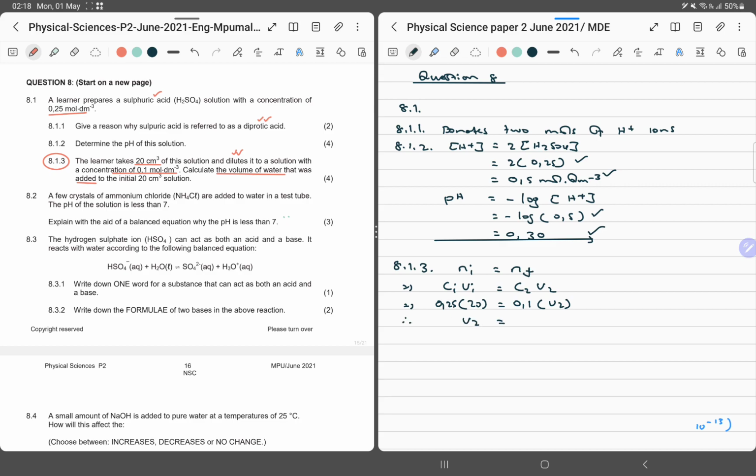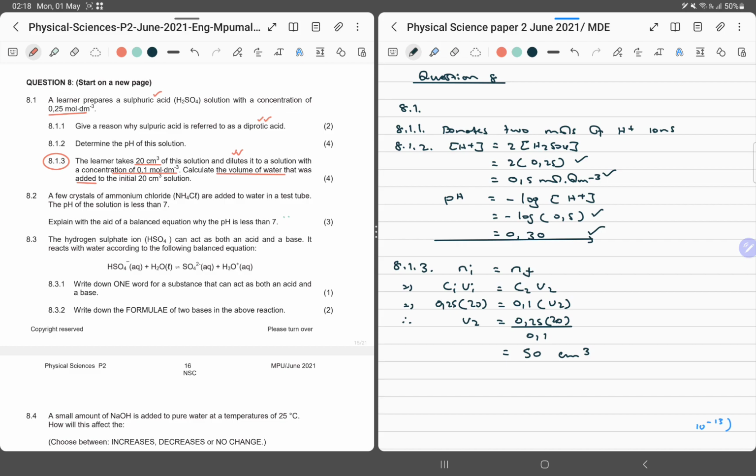Therefore, V2 is going to give us the total volume, right? It's going to be 0.25 into 20 divided by 0.1. So this gives us 50 centimeter cubed.